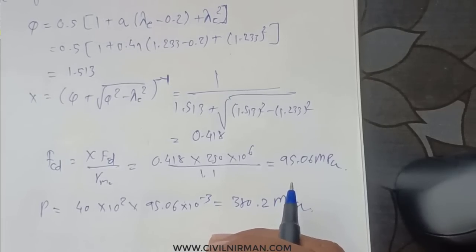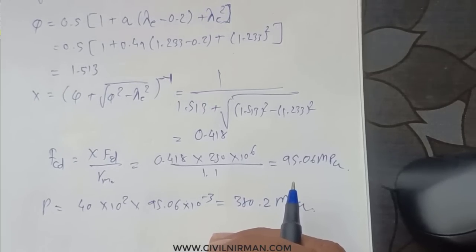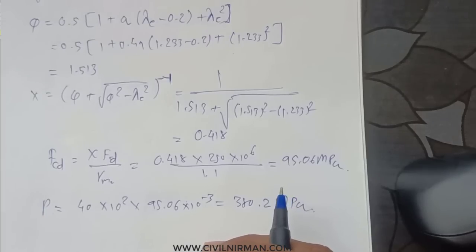So the flexural torsional buckling controls, and if you want to work out the utilization ratio, whatever the load we have, the load value was 100 kilonewton.